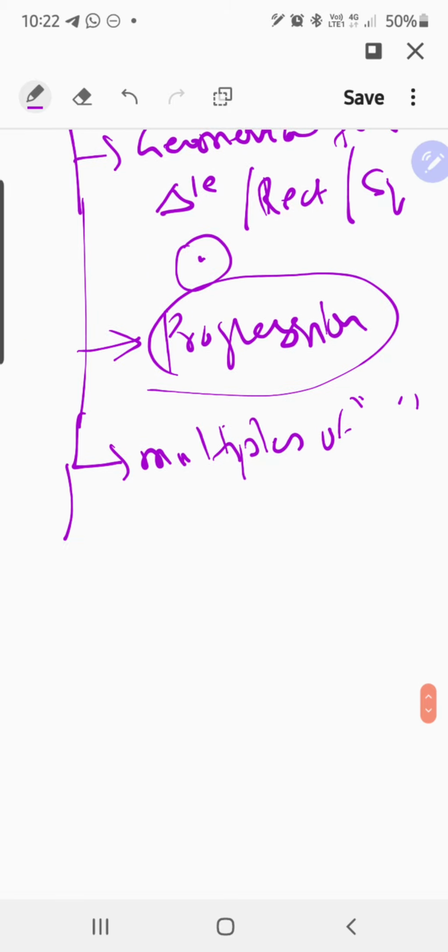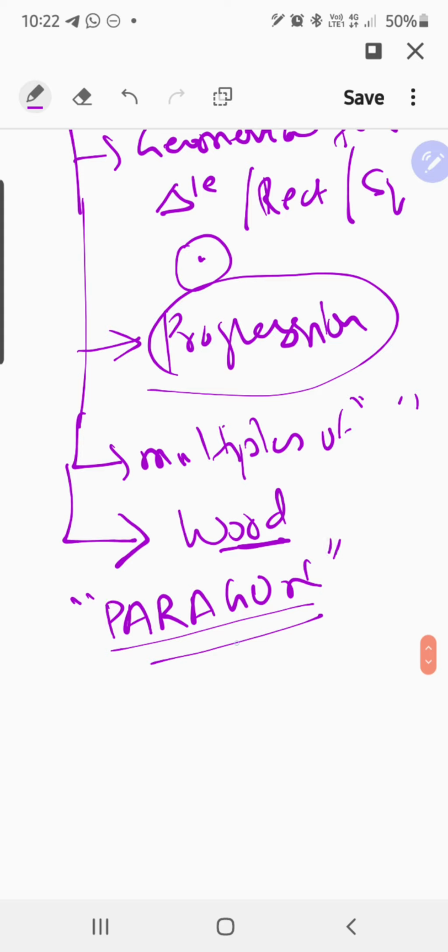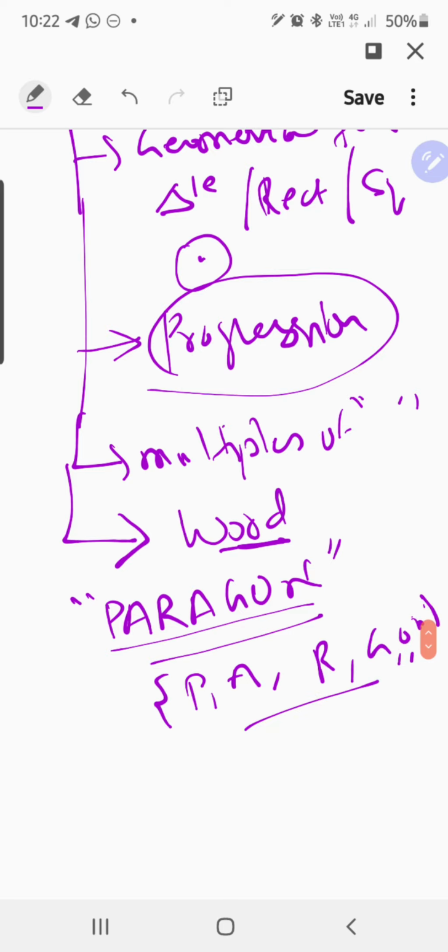And at the same time, you may be asked which word it is. For example, if I say paragon, you can write it like this. From this paragon you can write only P, A, R, G, O, and N.